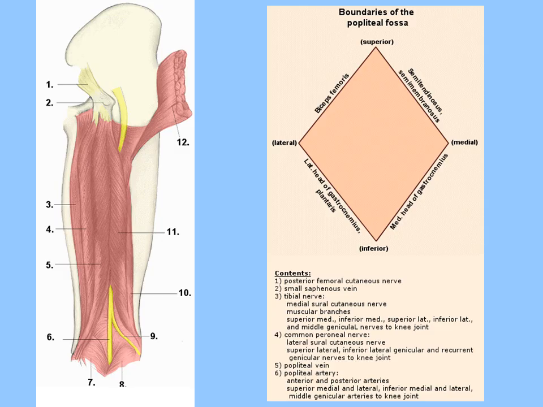Running through the popliteal fossa is the popliteal artery and its 5 genicular branches, along with the popliteal vein, the small saphenous vein, which drains from the leg, drains into the popliteal vein, and last but not least, the floor of the popliteal fossa is the popliteus muscle.